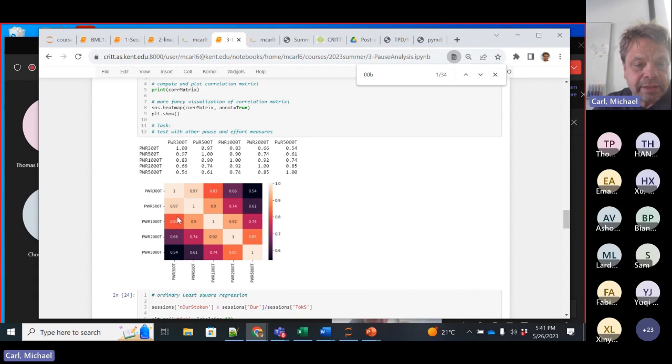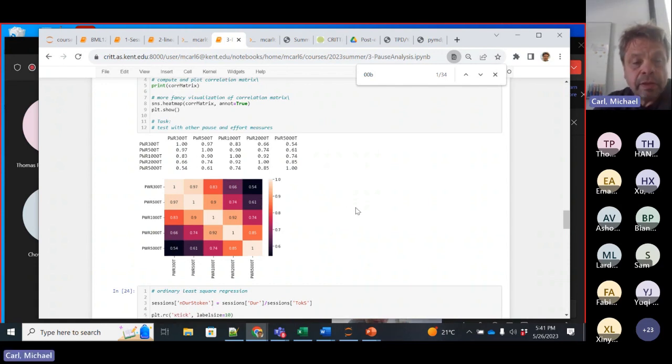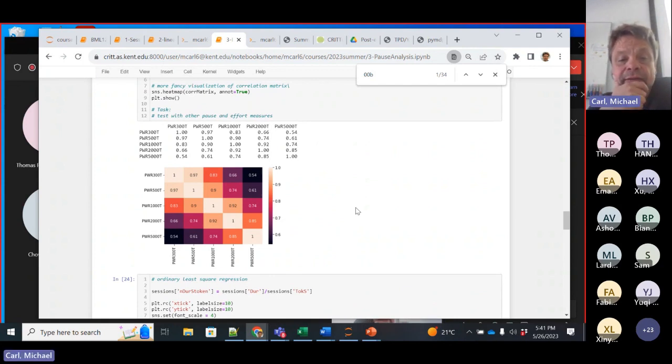And this is exactly what we can see here. So all these close-by cells have higher correlation values, but the further we go away, the worse the correlation is.